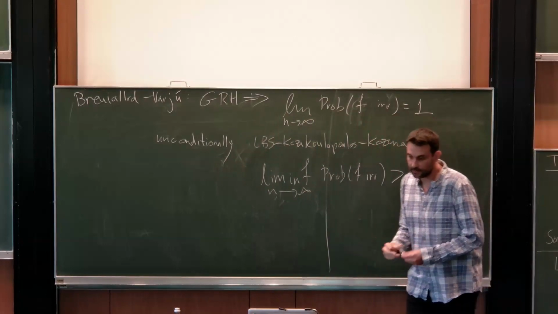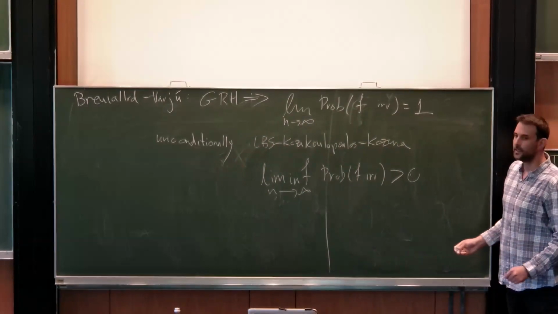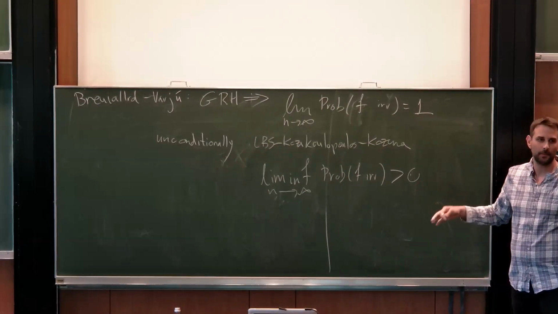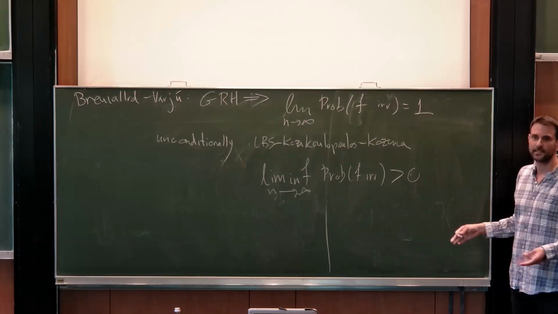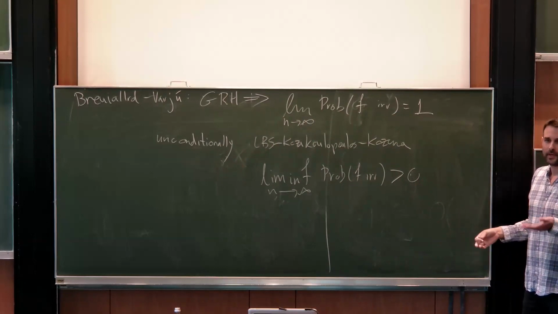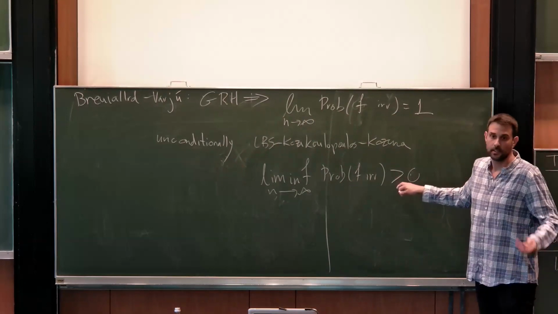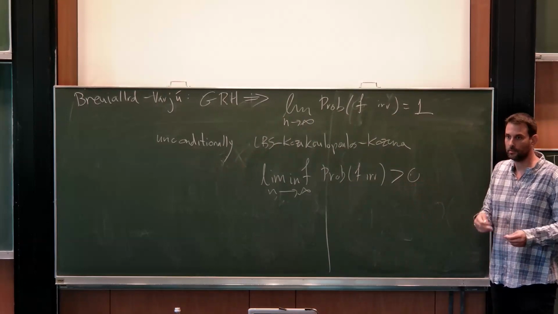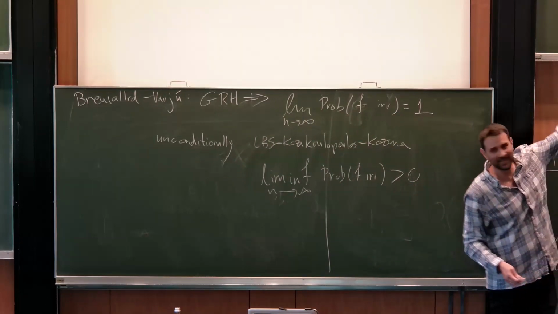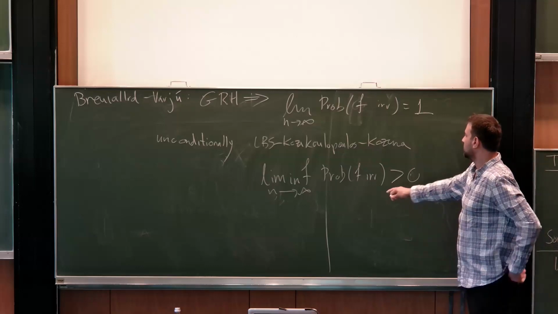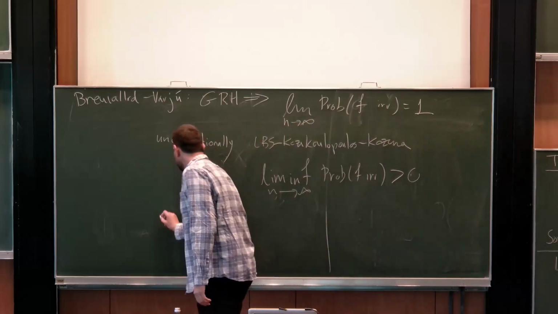This means that there is some constant which is very explicit. This works for general coefficients. I think for plus minus 1, this constant is something like 1 over 1,000 or 10,000. I don't remember. I need to open the paper for this. But it's some constant that one can write down, which is bigger than zero, so the lim inf is positive.